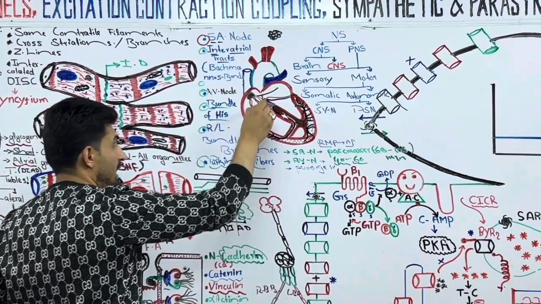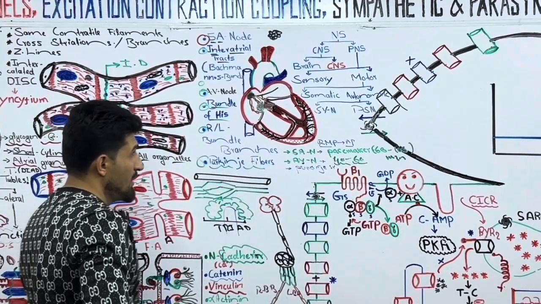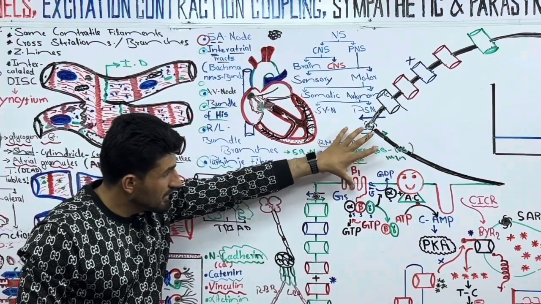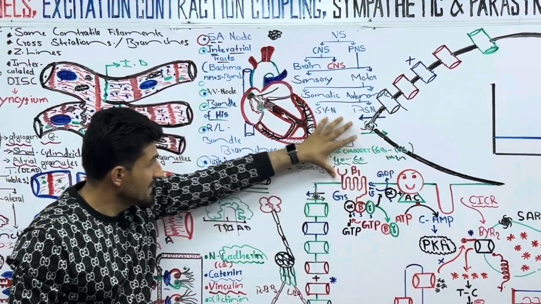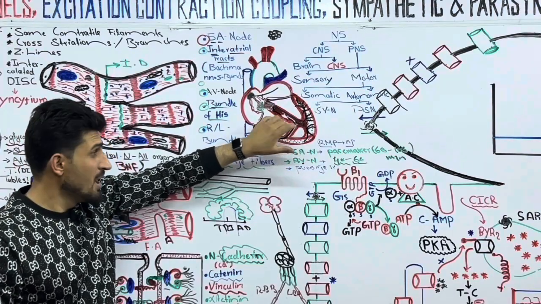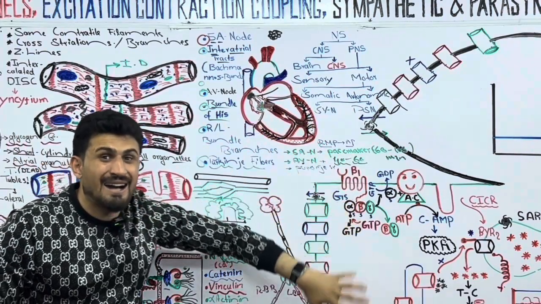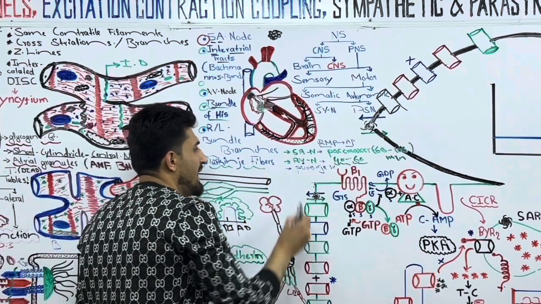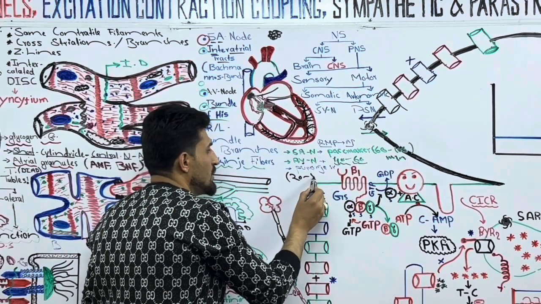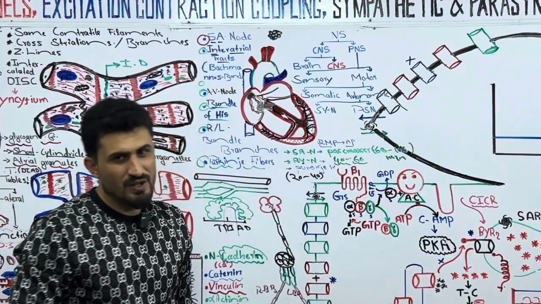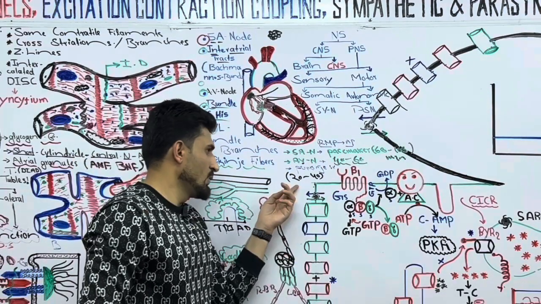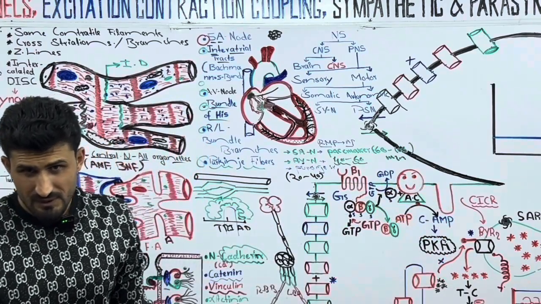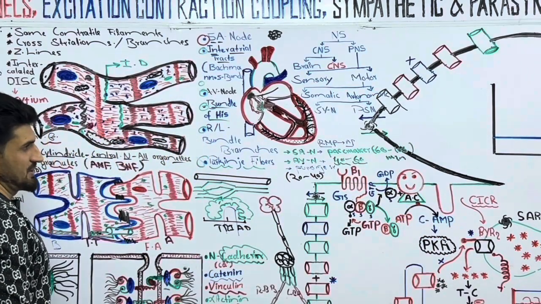And when you destroy the AV node, the control of systole and diastole of the heart is under the Purkinje system. Now the Purkinje system acts as a pacemaker, and its speed is around 20 to 40. If you don't treat this person, it will go to shock or bradycardia as soon as possible.